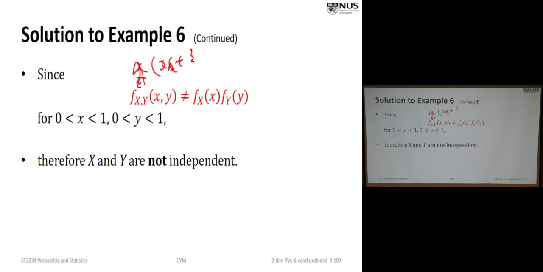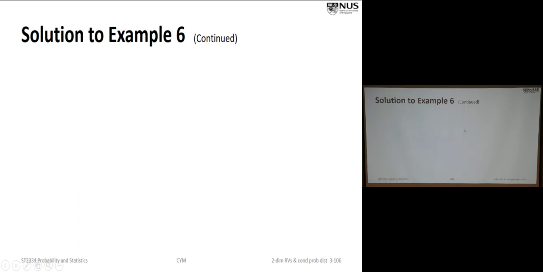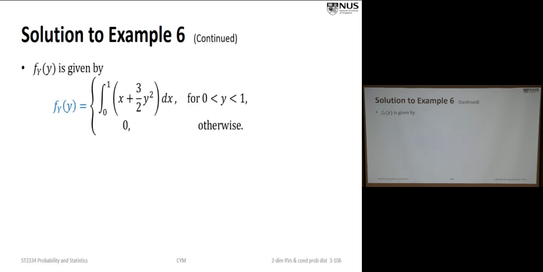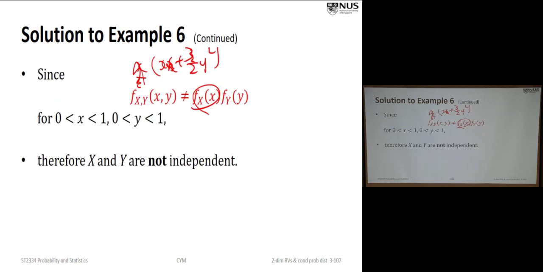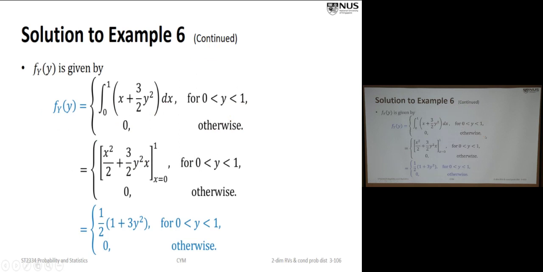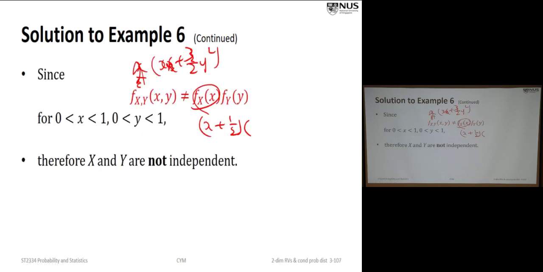Plus 3 over 2y squared. But for this one, f of x is equal to x plus half. And f of y is equal to half times 1 plus 3y squared.